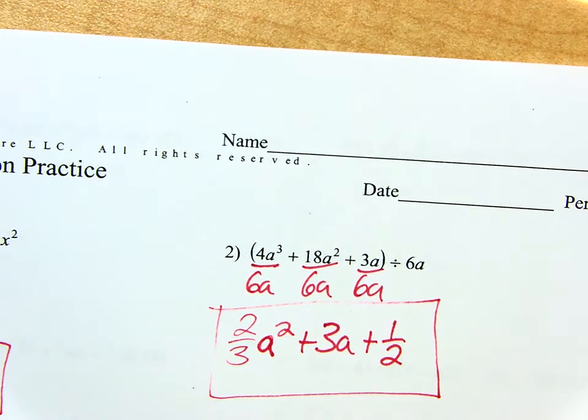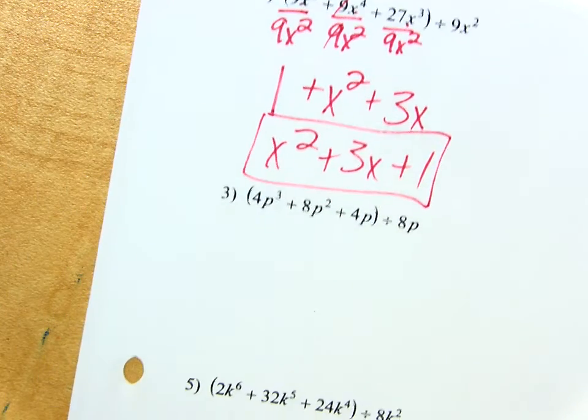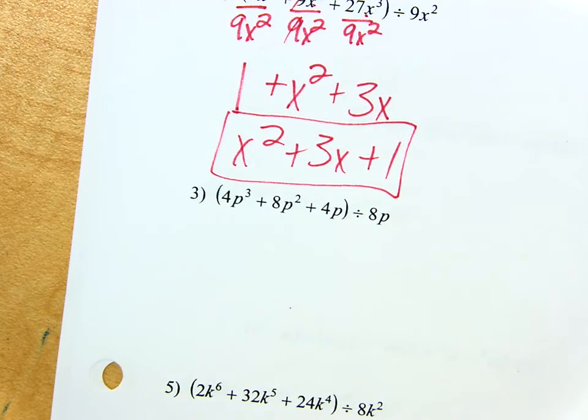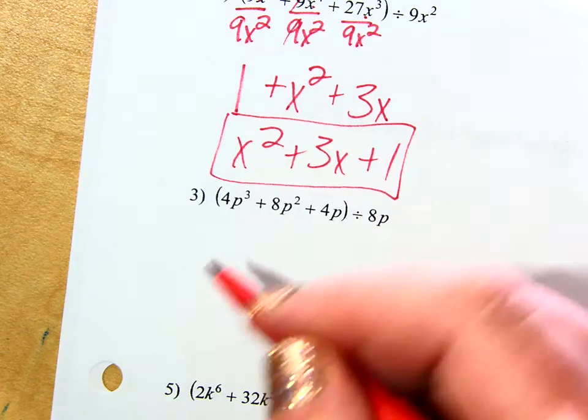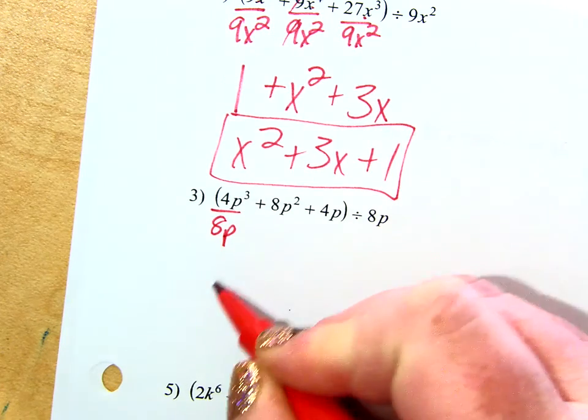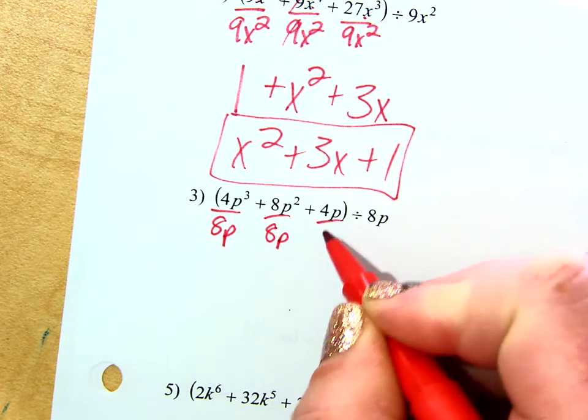You try 3. Yep. You have an answer already? All right. 1/2 p squared plus p plus 1/2.